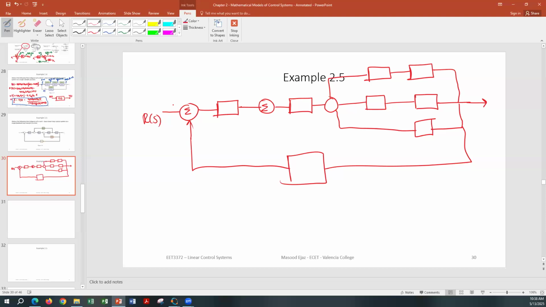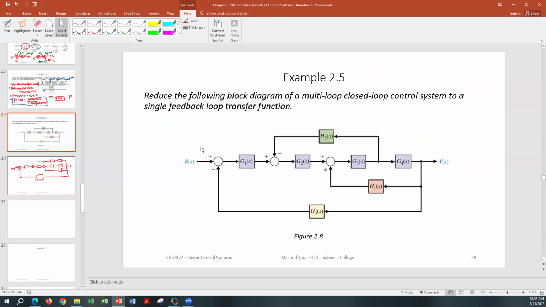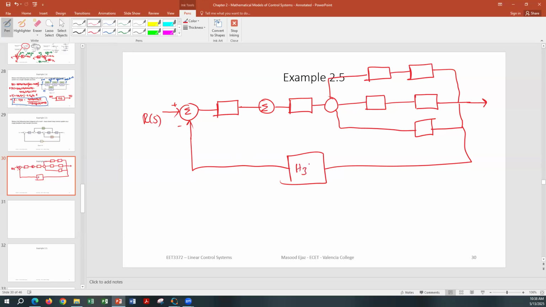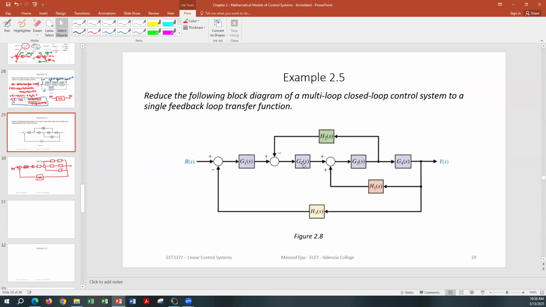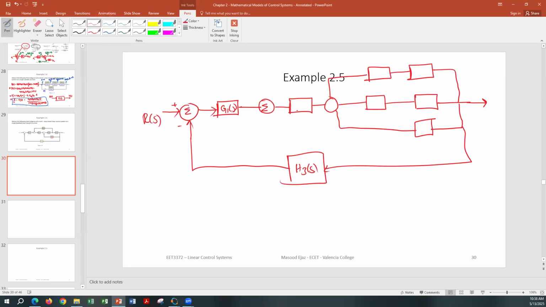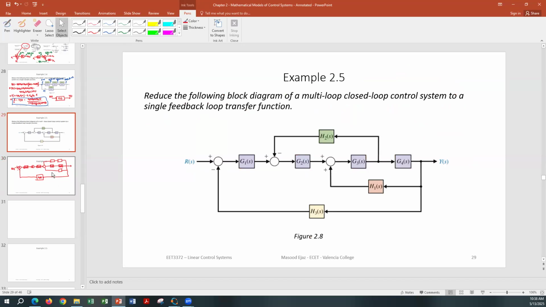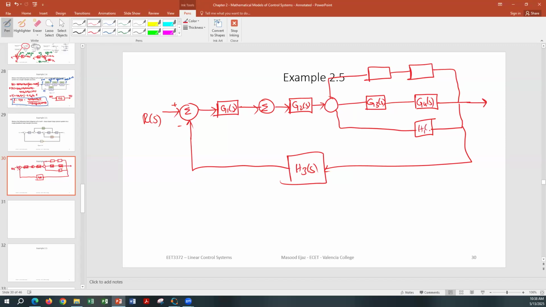So this is your R(s), then H3(s), G1(s), G2(s), G3(s), G4(s), and then I have H2(s) and H1(s), and this is going to be 1 over G4(s).